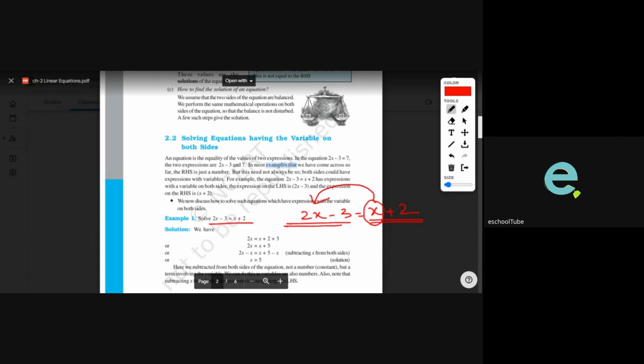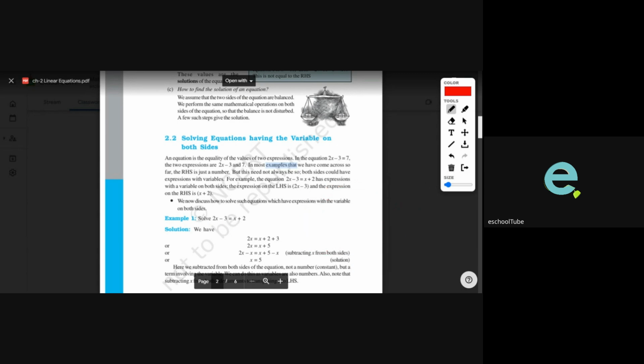Because this is positive, it becomes negative. So it becomes 2x minus 1x minus 3 is equal to 2. 2x minus 1x is only x. x minus 3 is equal to 2. Then you take this minus 3 on this side, subtraction becomes addition. So 2 plus 3. So x is equal to 5.